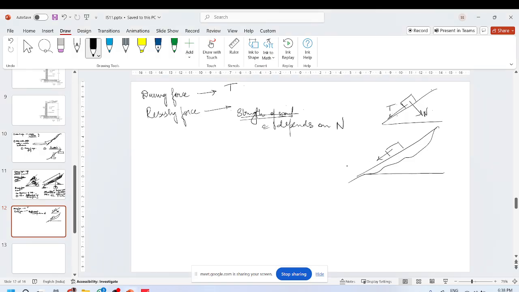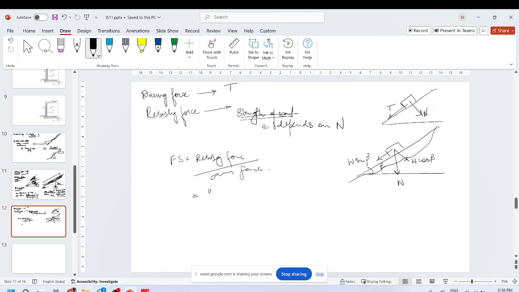This was W sine beta, W cos beta. Then we have a W here, and this is beta. Then we have the resisting force. Factor of safety is the resisting force over driving force.